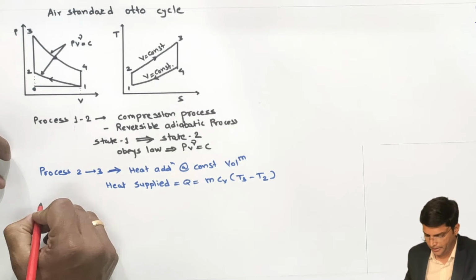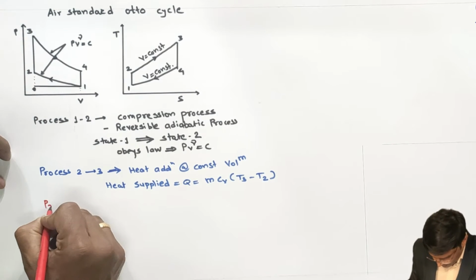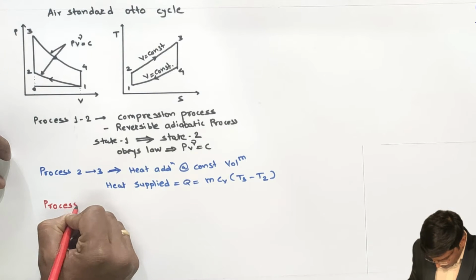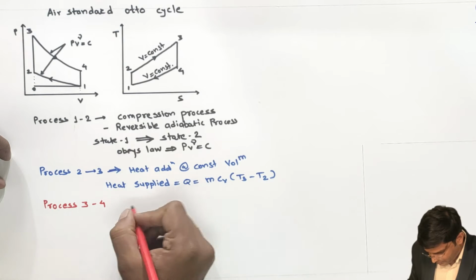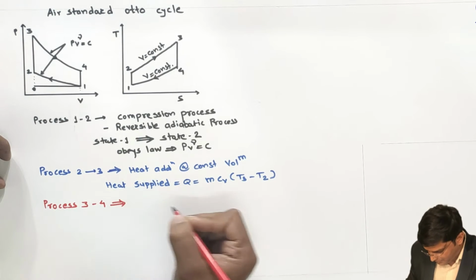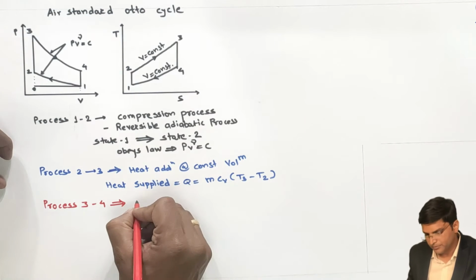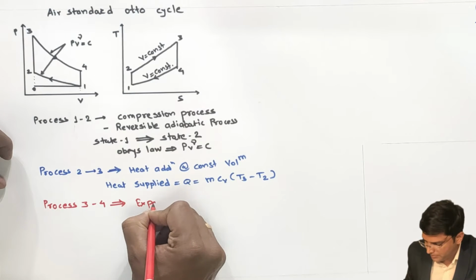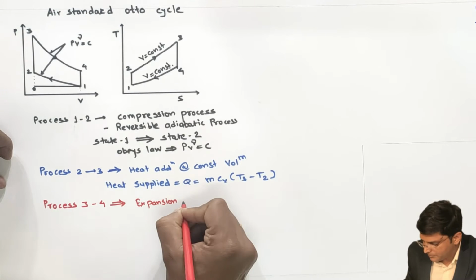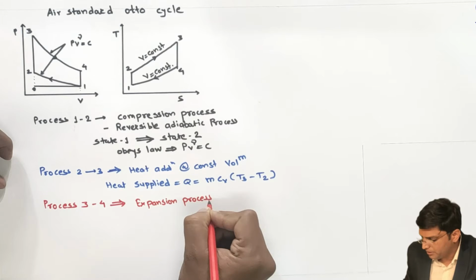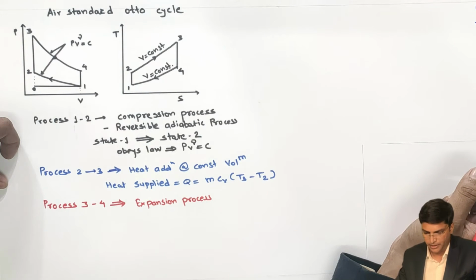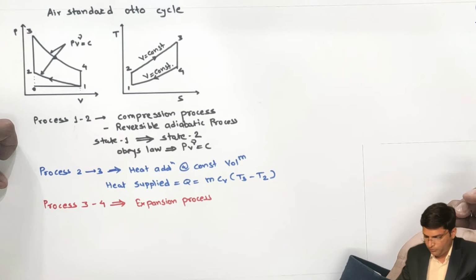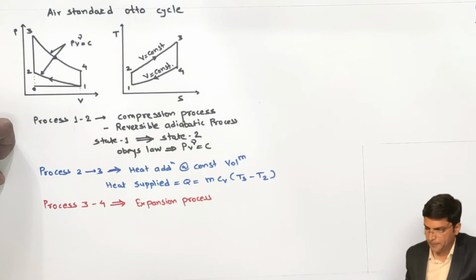Now process 3 to 4. This is the expansion process where the piston goes from top dead center to bottom dead center, and here the volume also expands.